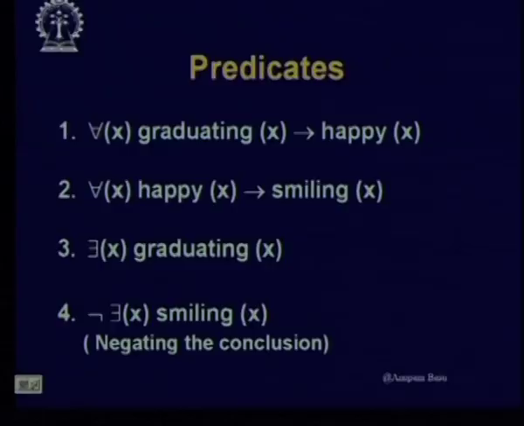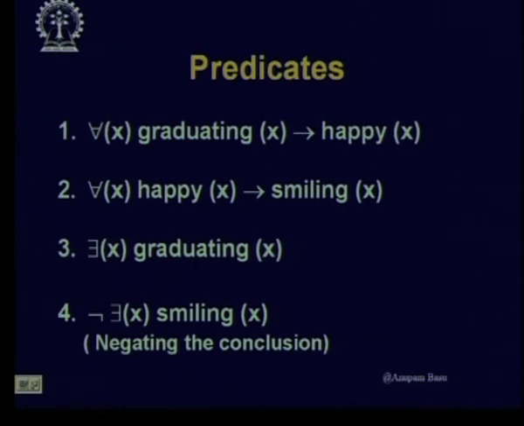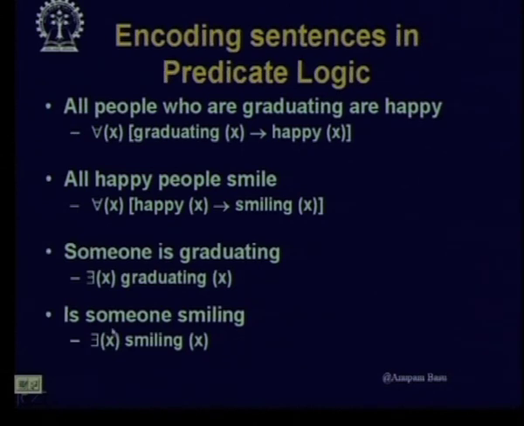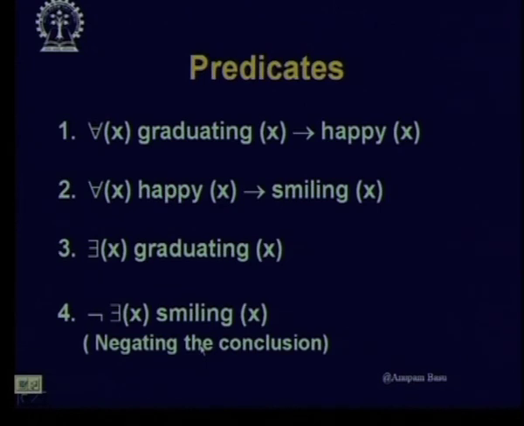But the next step would be, we take these predicates here as they are, but here I have made a small change. Is someone smiling, or someone is smiling, was stated as there exists X such that smiling X. That was the conclusion, and the negation of the conclusion therefore is there does not exist X such that smiling X. If I can prove this, that there does not exist X such that smiling X, that means no one is smiling.